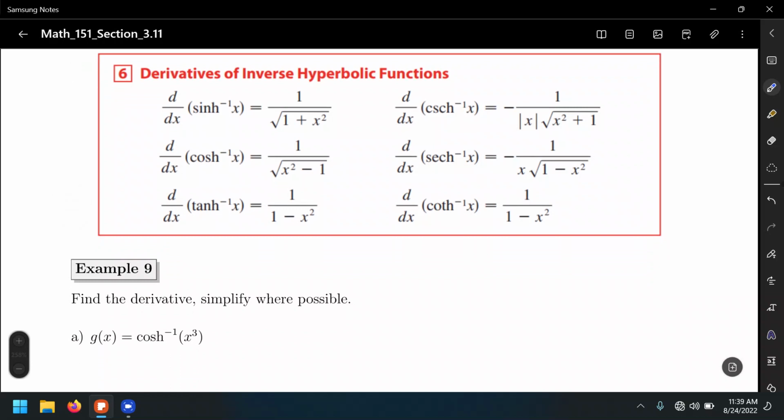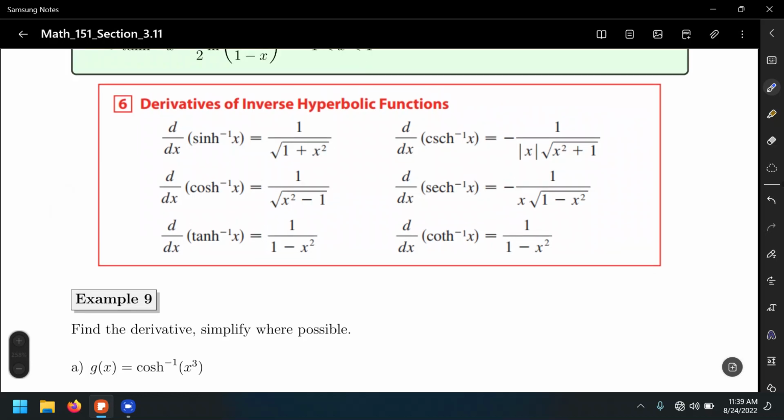Not too surprisingly, there are differences and some similarities between the derivatives of inverse trigonometric functions and inverse hyperbolic functions. To begin with, what's the derivative of sine inverse of x? Does anybody remember that formula?